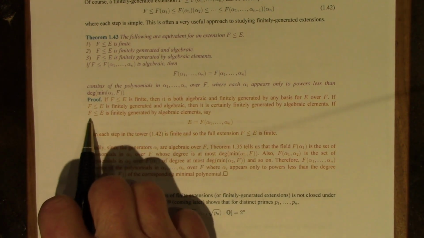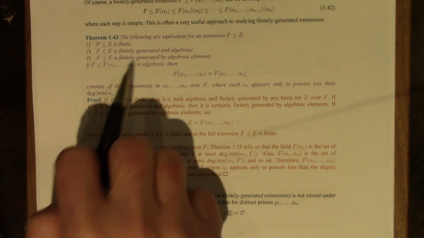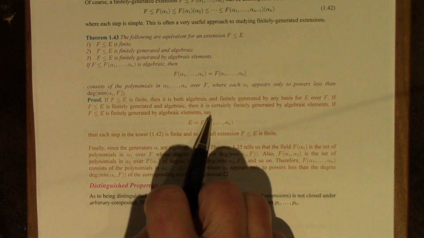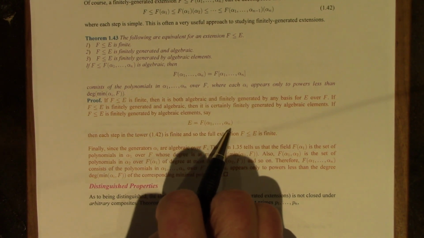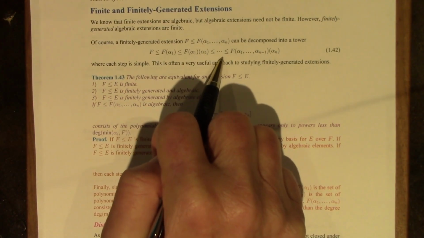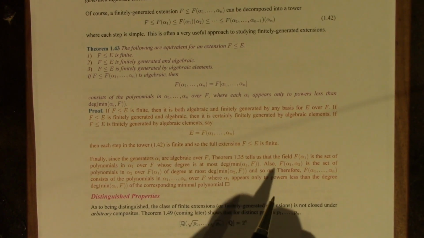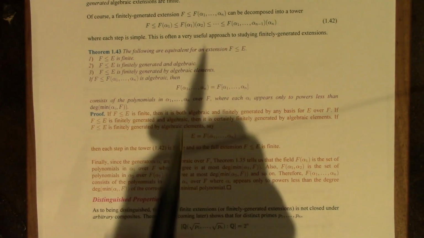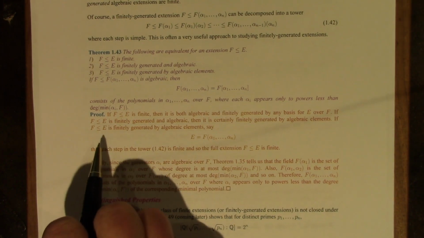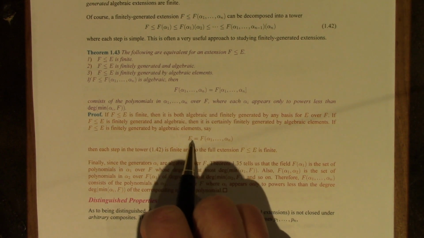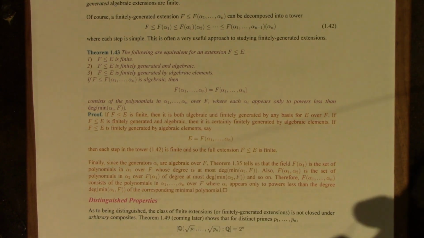Finally, if E over F is finitely generated by algebraic elements, say E looks like this, then we use this tower here.